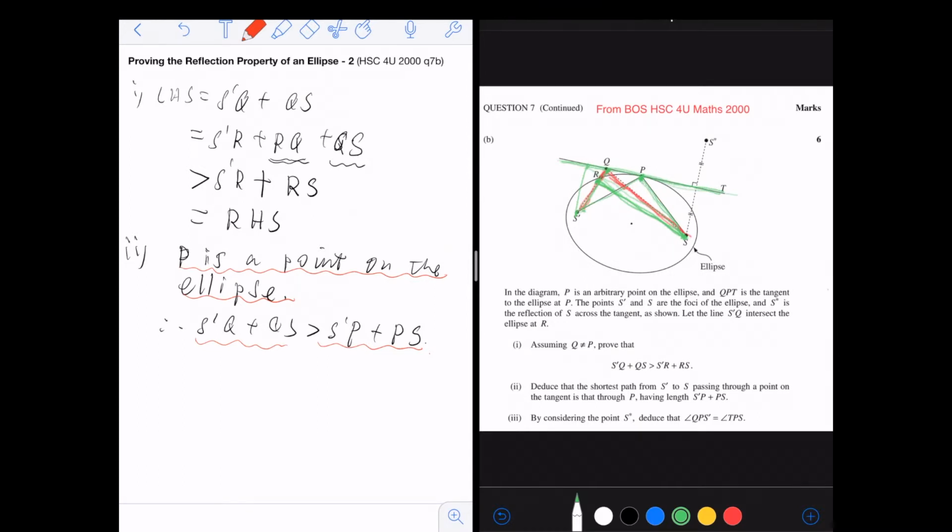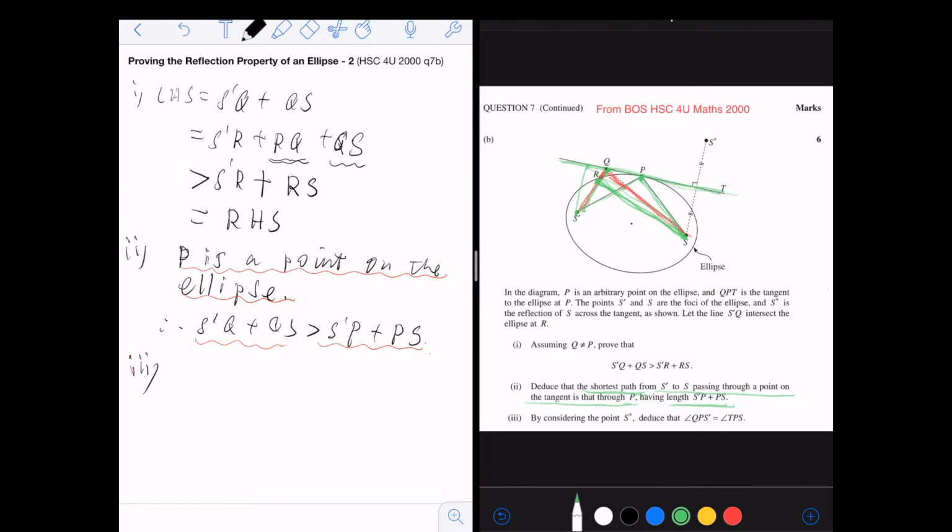So therefore, we proved that of the distances from S dash to S passing through a point on the tangent, the one through P is the shortest. S dash P plus PS is the shortest distance. So we proved it.